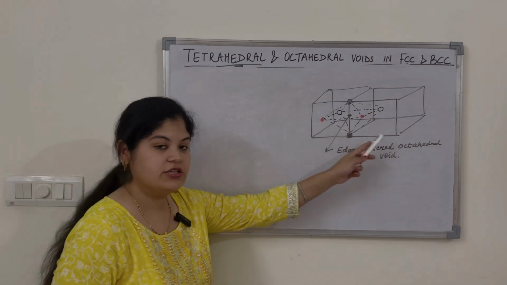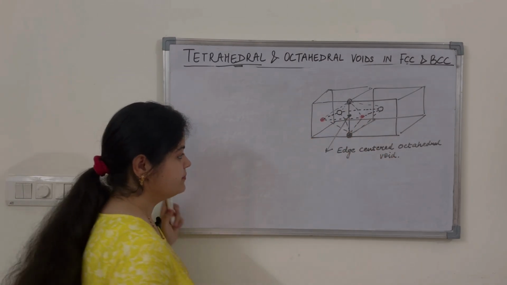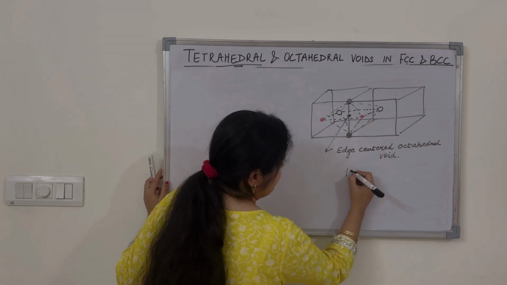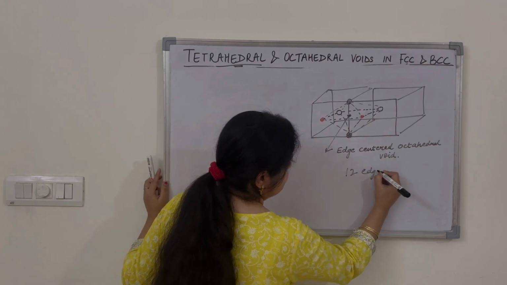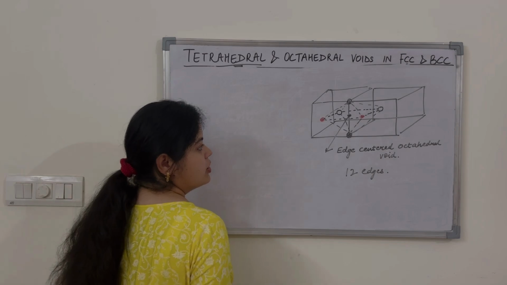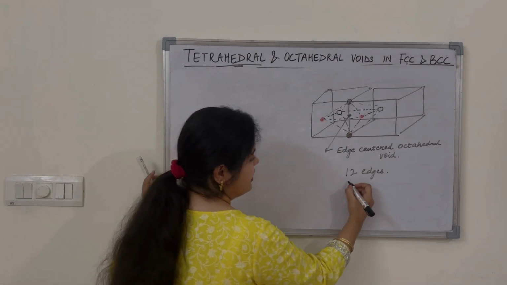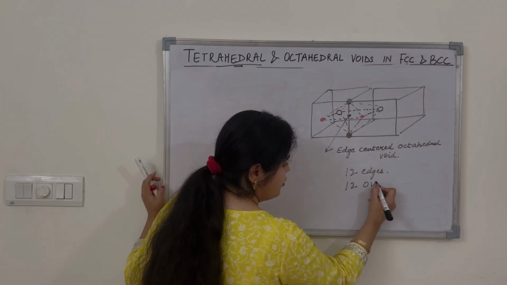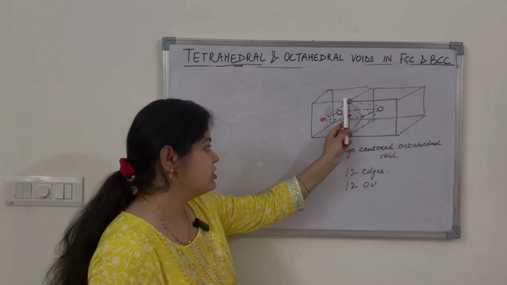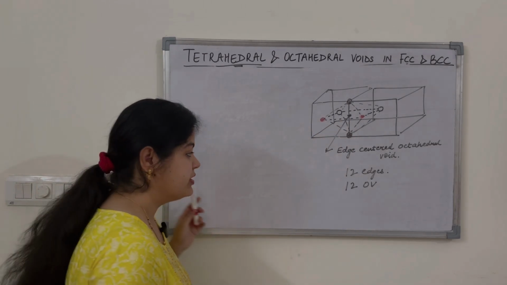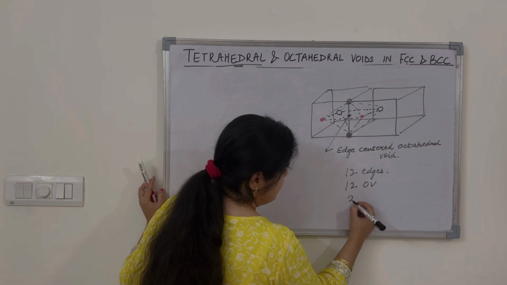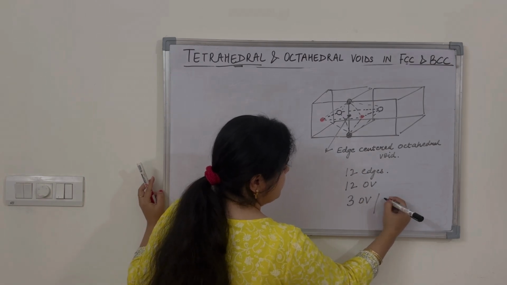So there are 12 edges in a unit cell. So edge centers, we have 12 octahedral voids and one edge is shared by 4 unit cells. So we have 3 octahedral voids per unit cell.